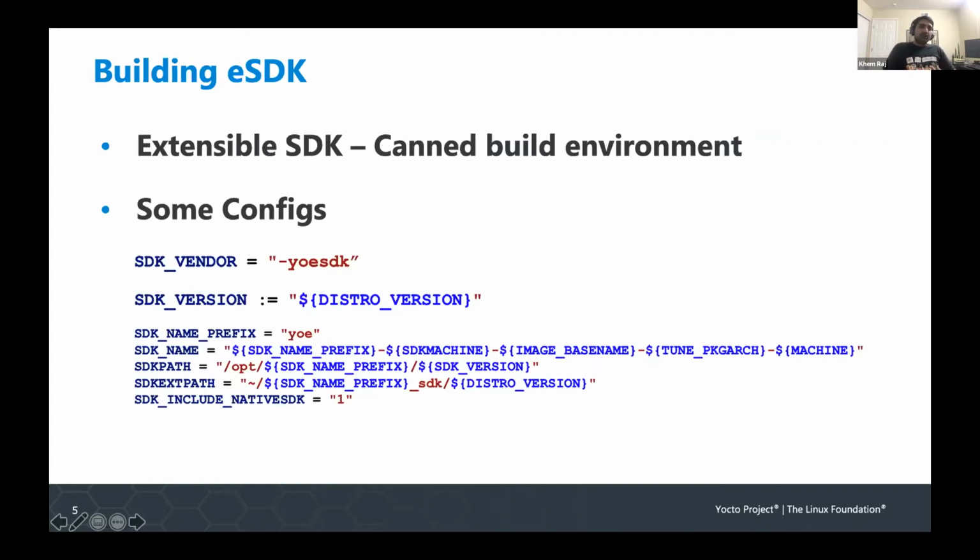So how do you set it up? Initially in your distro config, you set up a few things, like your SDK vendor and your SDK version. That's your way to do version management for the SDK itself. Then you could set your SDK name and your SDK path, which is actually used by your traditional SDK, but then you have SDK ext path, which is used by Extensible SDK.